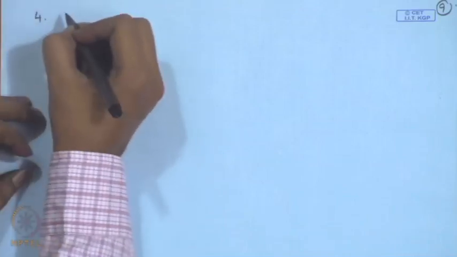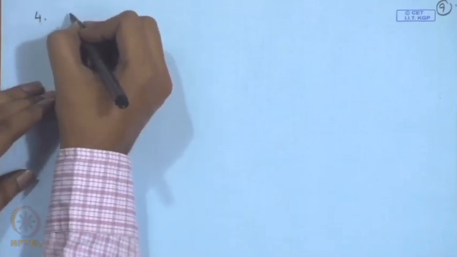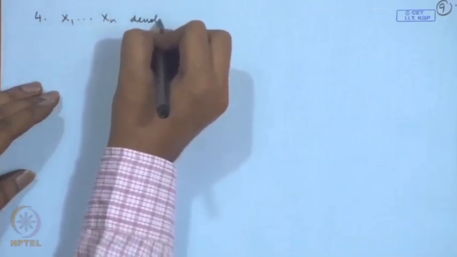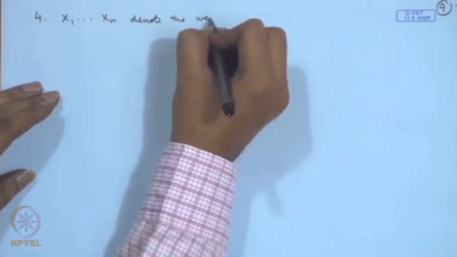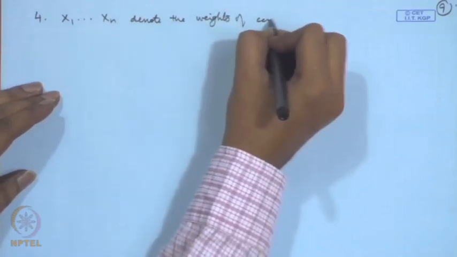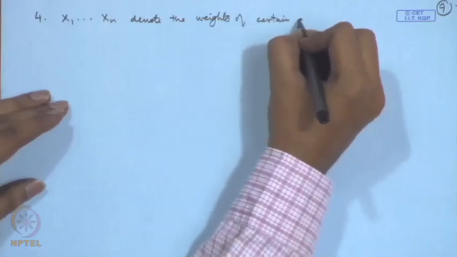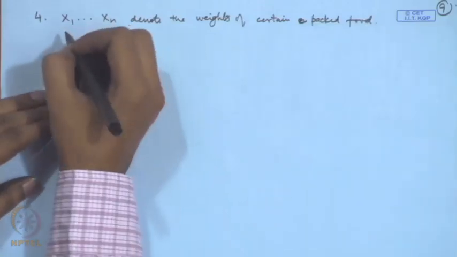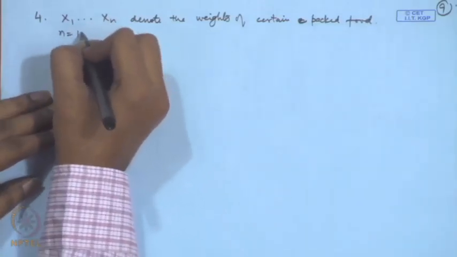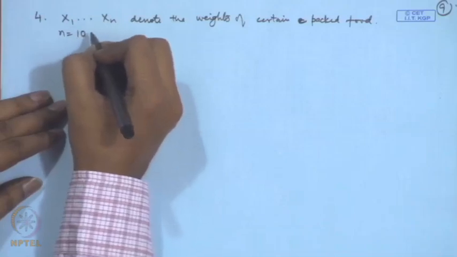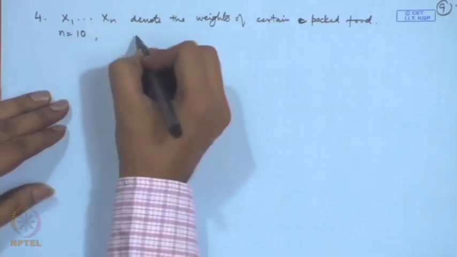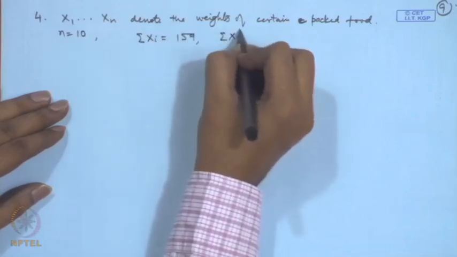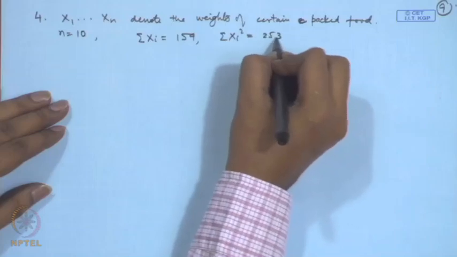Let us take one more example here. Let x 1, x 2, ..., x n denote the weights of certain packed food, and for 10 items the weights were taken, and it turns out that the sum of the weights is equal to 159 and the sum of squares of the weights is equal to 2531.